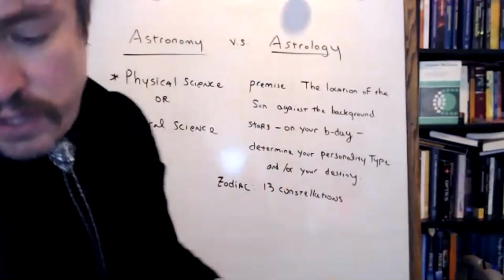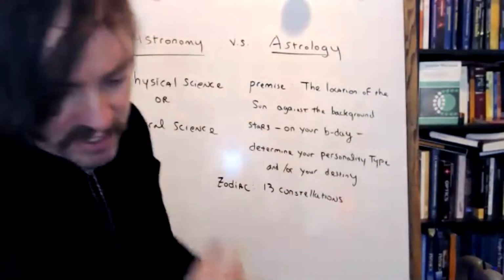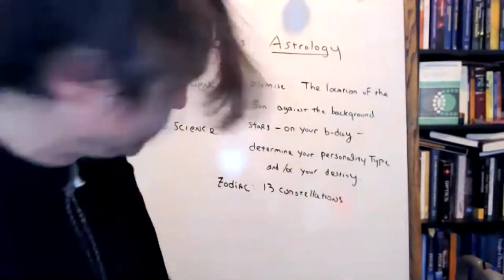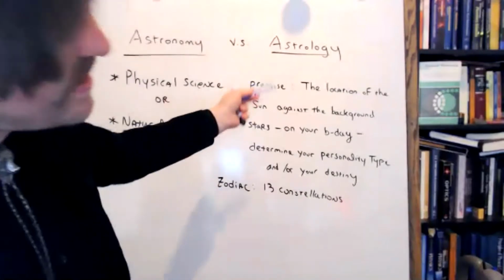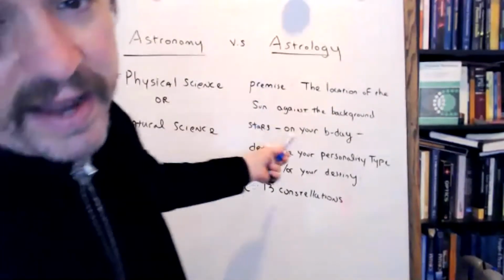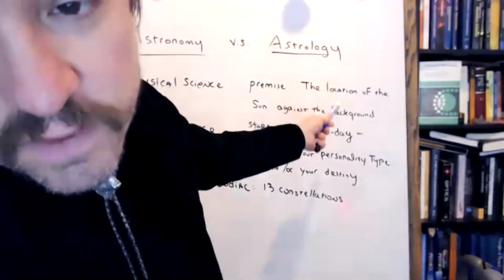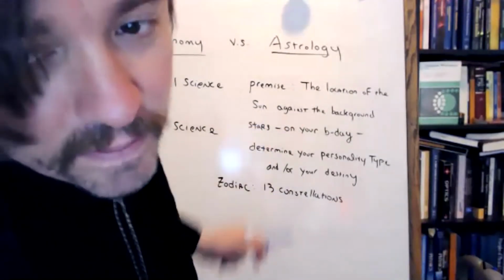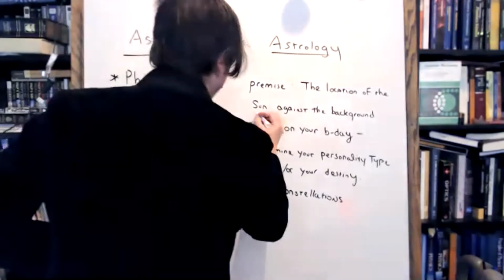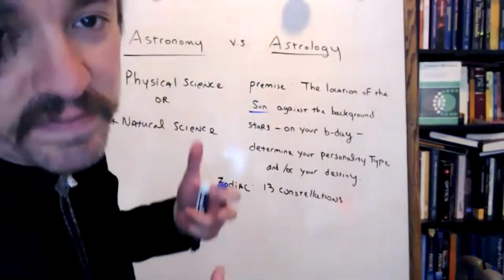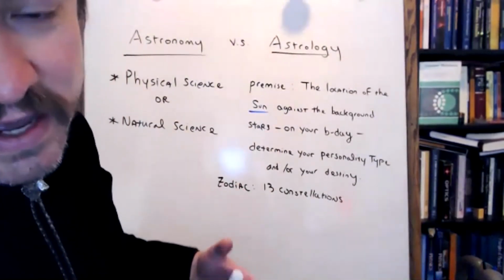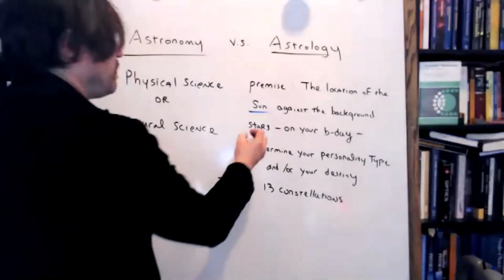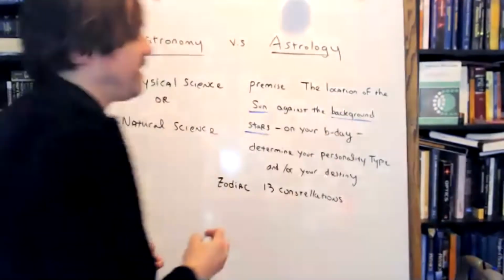So the thing about the premise of astrology, this is the point that I'm trying to make, is that this statement is based on physical, observable structures in your universe, in your backyard. The sun is a physical object which we can observe with our eyes and chart its position. The background stars are physical objects.